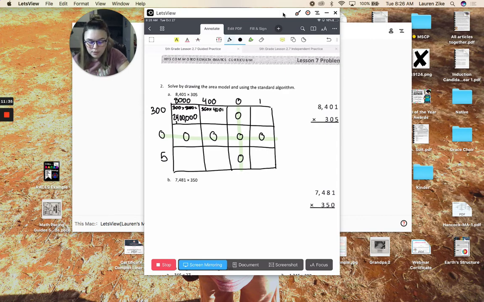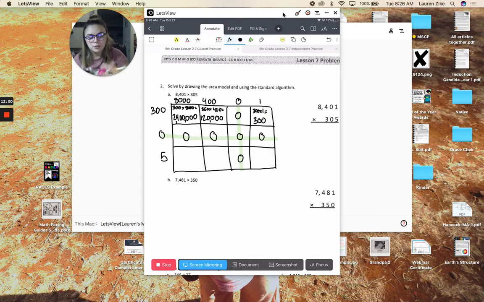We know that 3 times 4 gives us 12, plus our 2 zeros, plus our 2 zeros gives us 120,000. And 300 times 1 we know is going to give us 300. And since anything times 0 is 0, we don't have to do anything for that middle row. We just have zeros straight across.